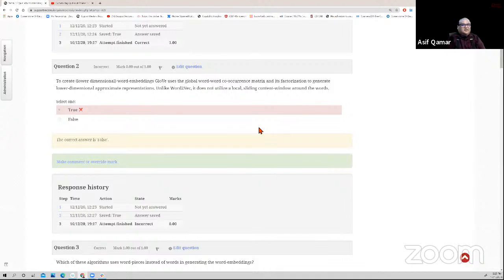GloVe is unique because it forms a bridge between two different kinds of approaches. There are approaches that use the context window, let's say word2vec, and there were approaches that simply used global co-occurrence matrix factorization. In a way, GloVe bridges the gap, and it says that we will look at co-occurrences within a certain context window.